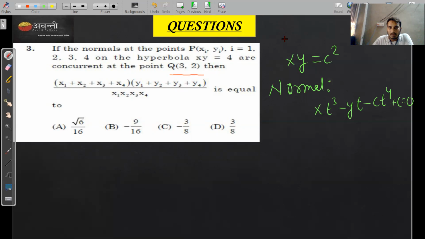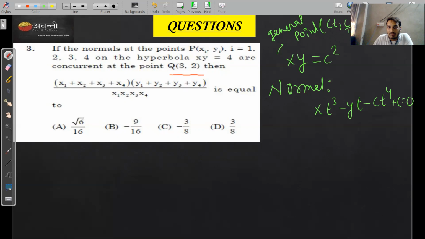And on this hyperbola, general points are ct comma c by t.